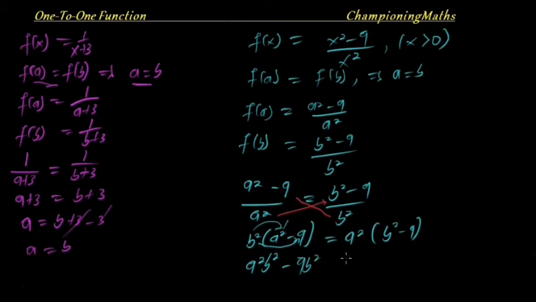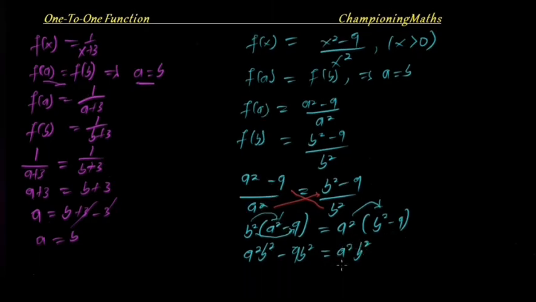Now expanding the other bracket, a raised to the power 2 multiplying b raised to the power 2 will give us a raised to the power 2, b raised to the power 2. And a raised to the power 2 multiplying minus 9 will give us minus 9 a raised to the power 2.